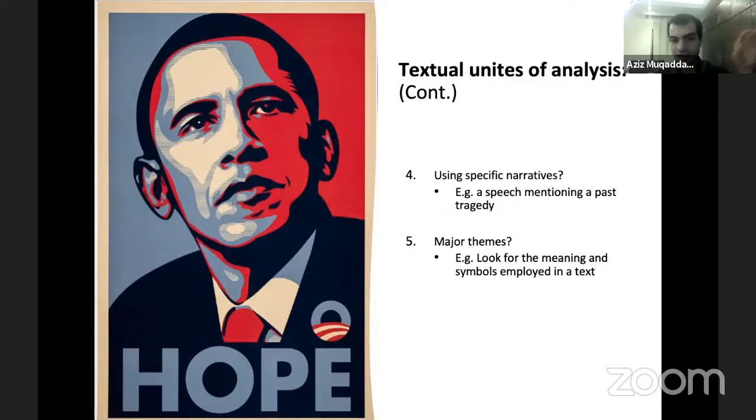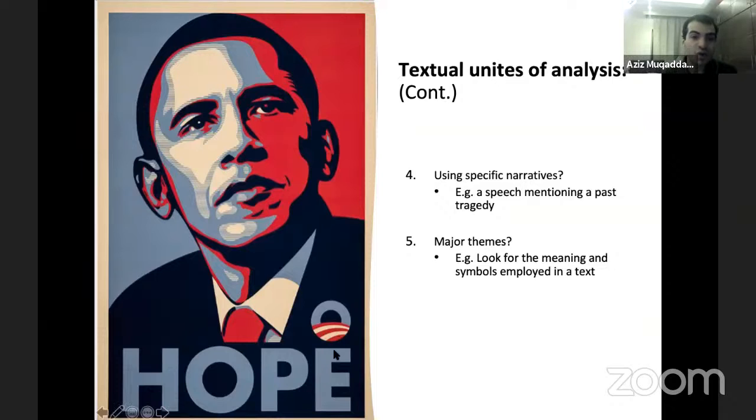It's not about their location, it's not about how many times, but you read full sentences, the full phrases, and you see what they are referring to. What's the narrative being evoked from that piece? It could be a tragedy, or different things, like past experience, but it's something that has to be inferred by the reader.